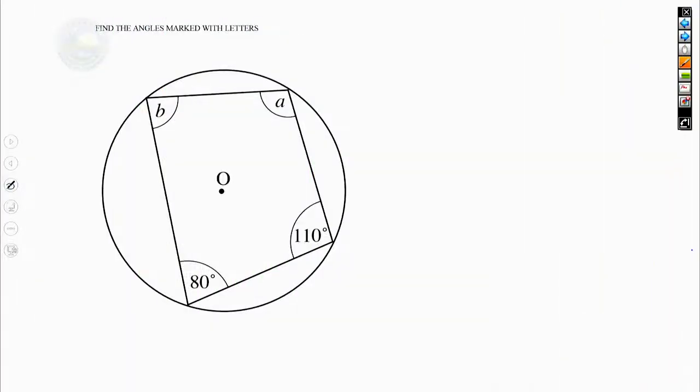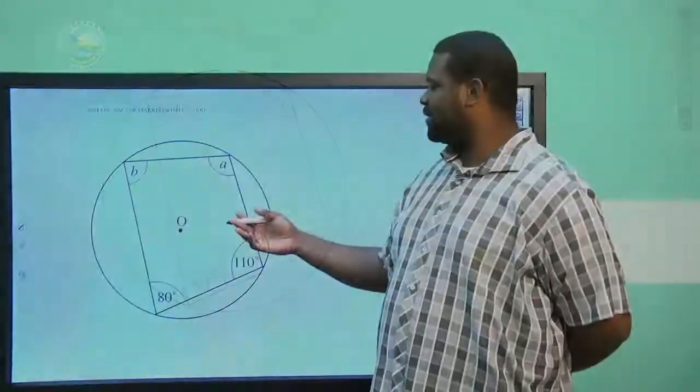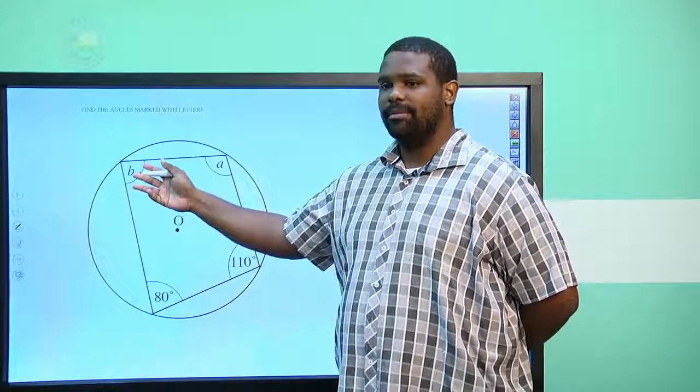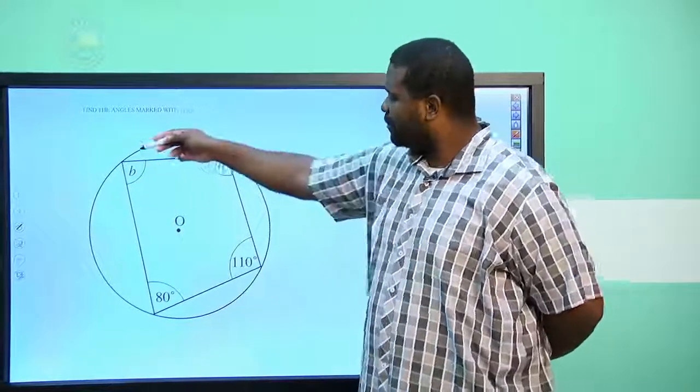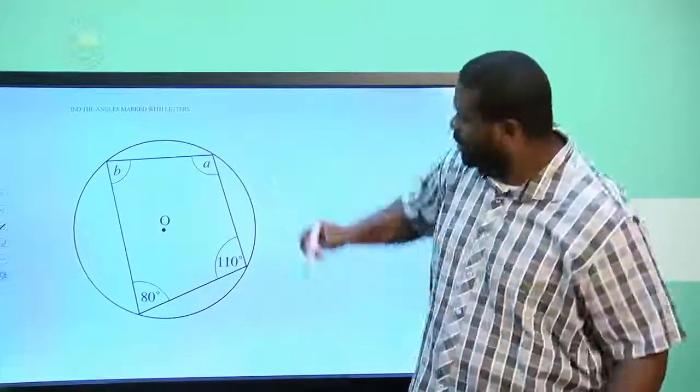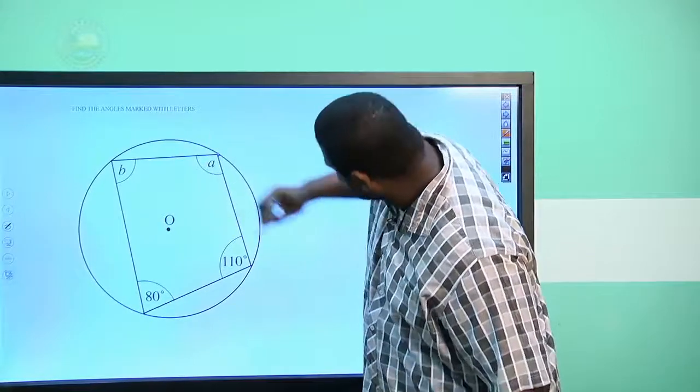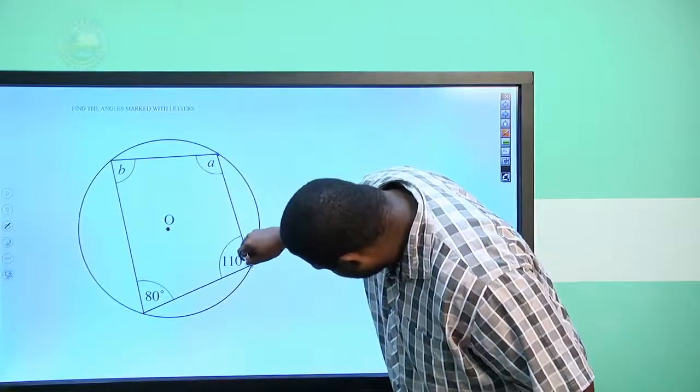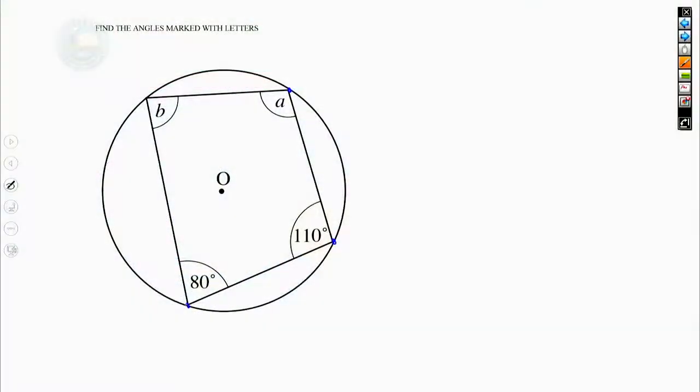So let's look at this example. Here, they're asking us to find the missing angles A and B. And we have a cyclic quadrilateral. And how do we know it's a cyclic quadrilateral? Because all 4 points of this quadrilateral are on the circumference of the same circle. Which means that these two are going to be supplementary, and these two are going to be supplementary.